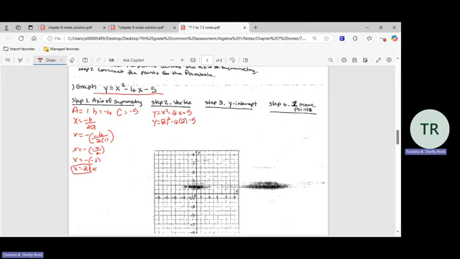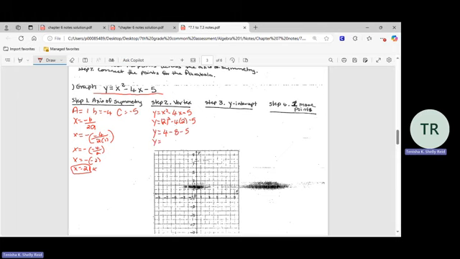And again, the x we know from the axis of symmetry. So y is equal to 2 squared, which is 4, minus 4 times 2, which is 8, minus 5.